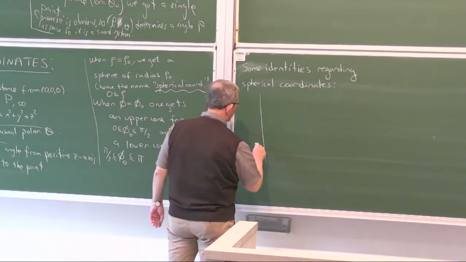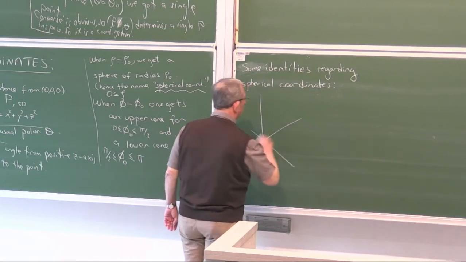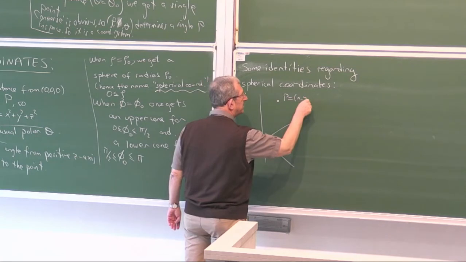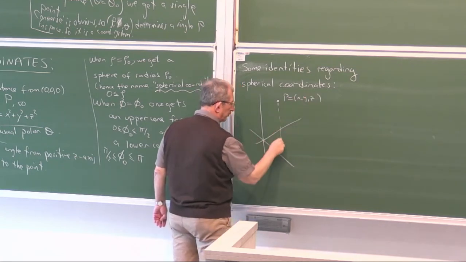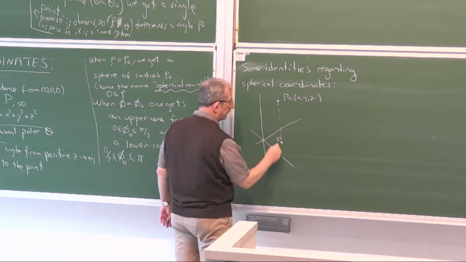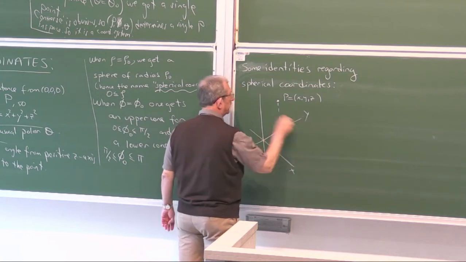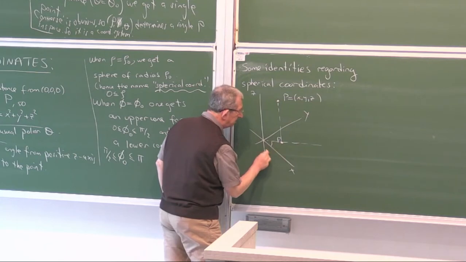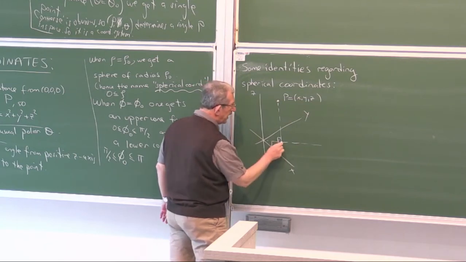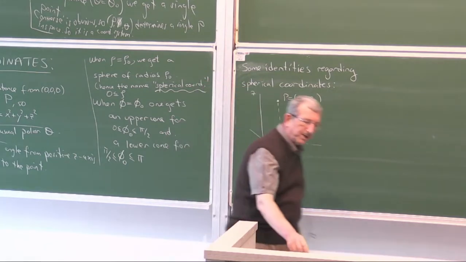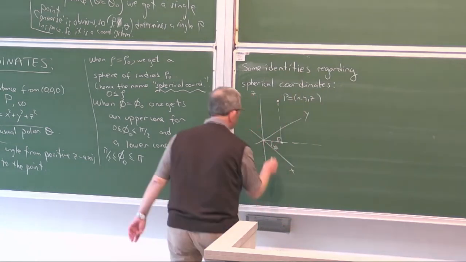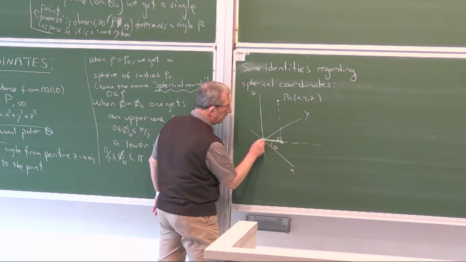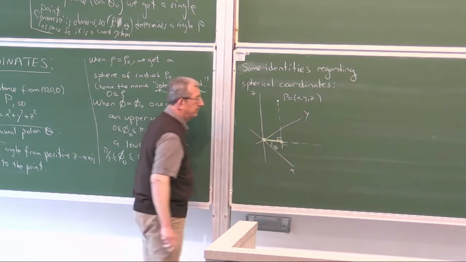Let me redraw the picture first. We have our point, that is x, y, z. We draw a perpendicular, and consider this angle, which was theta, and of course, this length would be r.